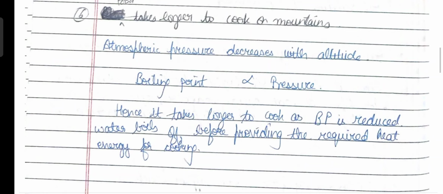If the boiling point has reduced, water will boil very fast. Instead of boiling at 100 degrees centigrade, it will start boiling at 90 degrees centigrade. So when the water boils off, the required temperature or heat energy is not being provided, and hence it takes longer, or it is difficult, to cook on the mountains.